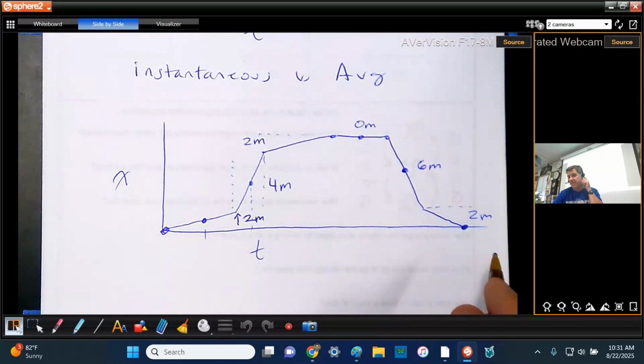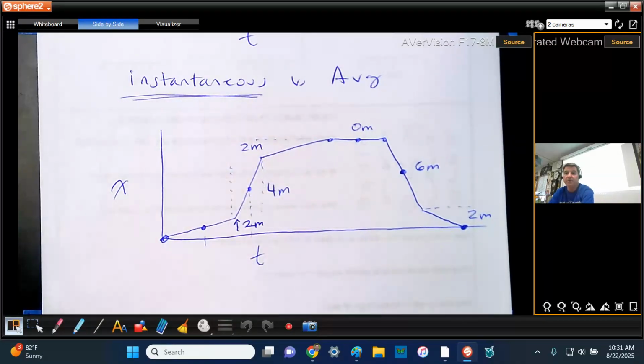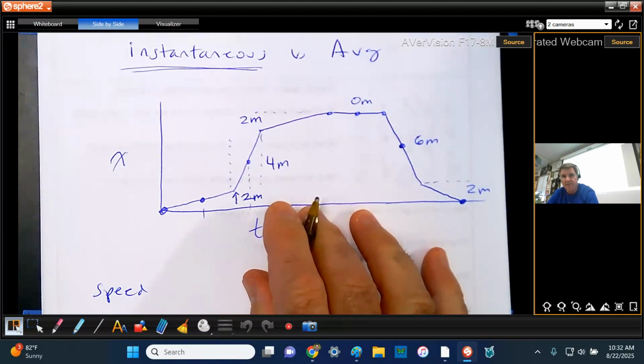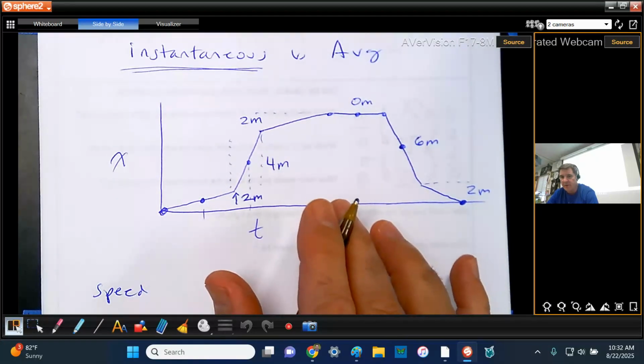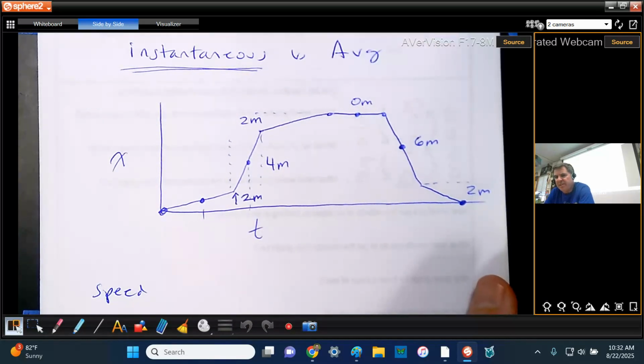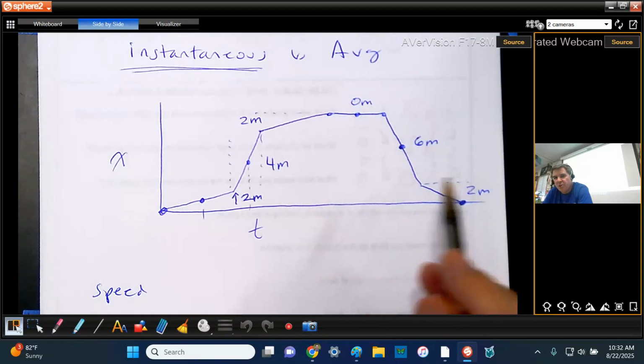So then we got these ideas, instantaneous velocity versus instantaneous speed. The only difference between instantaneous velocity and instantaneous speed is that if it's speed, you can't have a negative. If it's velocity, you have to have a negative if it's going backwards, right? So that's actually pretty easy. Instantaneous speed and instantaneous velocity are both how fast you're moving at that moment, which would be the slope.